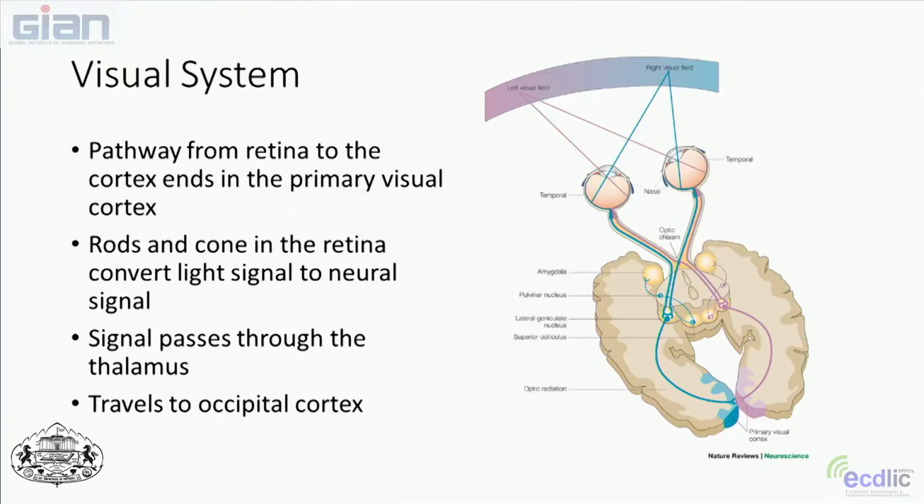So we see light, and it's reflected on the back of our lenses in our eyes, and somehow this light is converted to nerve impulses, which are then sent, as you can see here, through the optic chiasm, and back through the thalamus, and to the primary visual cortex. The left eye goes to the right brain, and the right eye goes to the left brain.